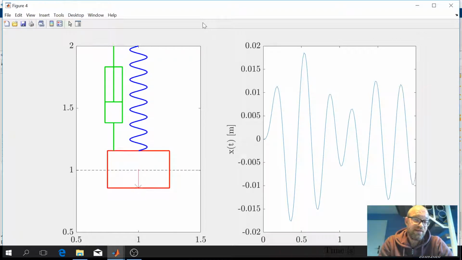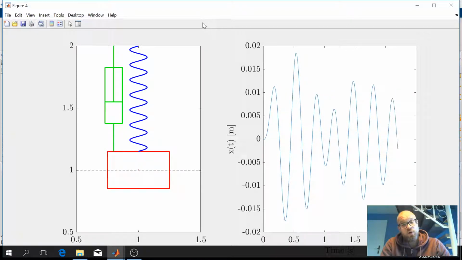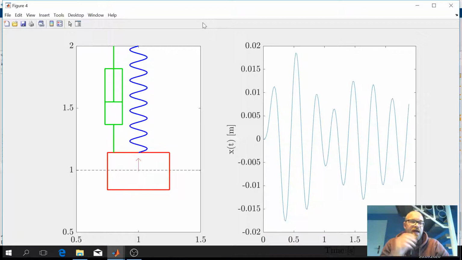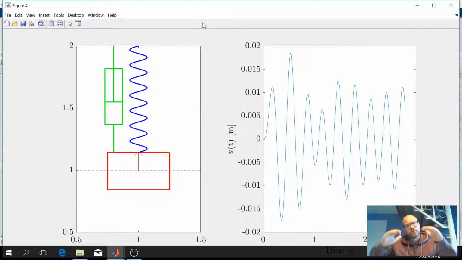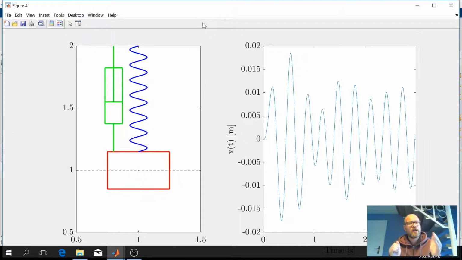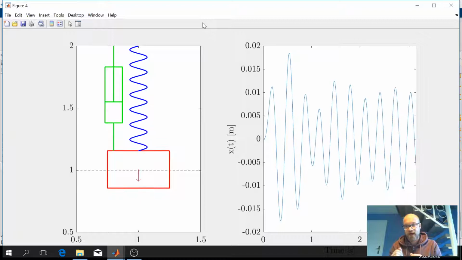Right. So you could interpret this as the mass no longer being capable of keeping up with the forced excitation. It falls behind the displacement of the mass.